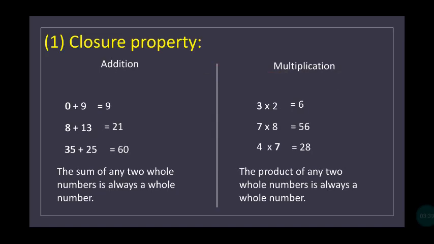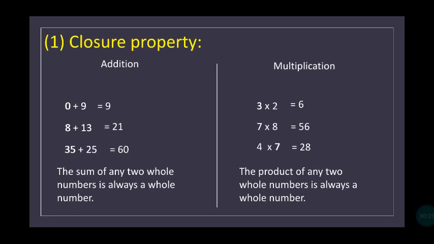Okay, now tell me students, is this true for subtraction? No, dear students, it is not true for subtraction, because for example we are taking 4 and 7. 4 minus 7 is not possible in whole numbers, right? So for subtraction it is not true. Now what about division?